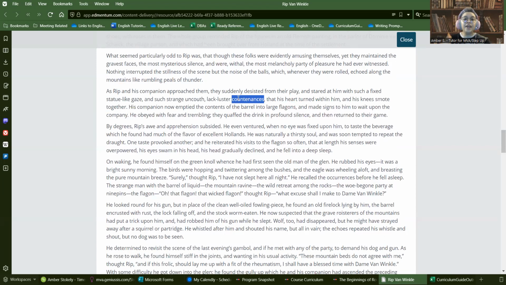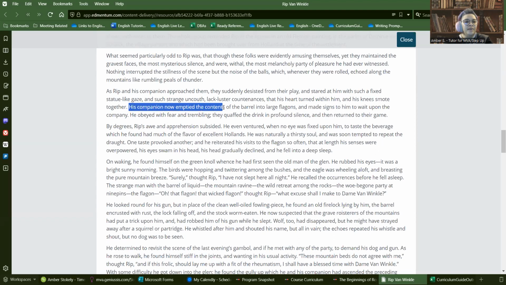Countenance is how you carry yourself, what someone can read off of you. So impolite, lackluster, kind of like attitudes almost. That his heart turned within him and his knees smote together. So Rip is very intimidated by all of their faces and the way that they're presenting themselves.